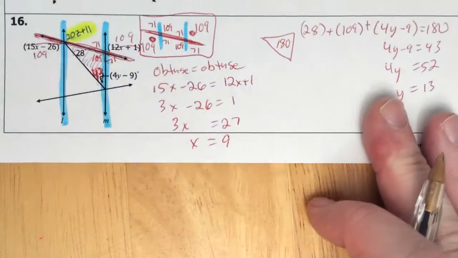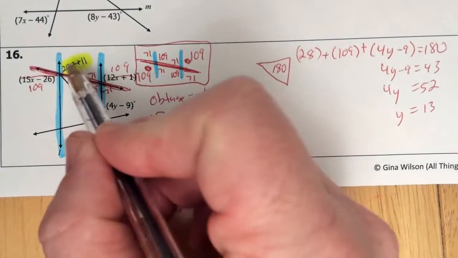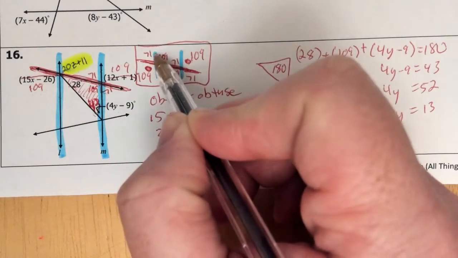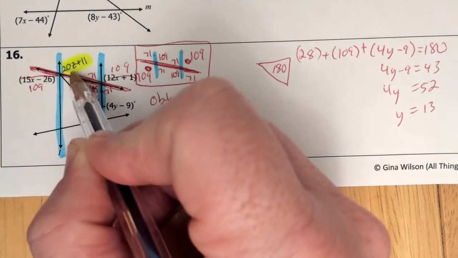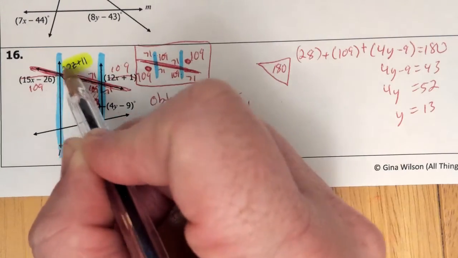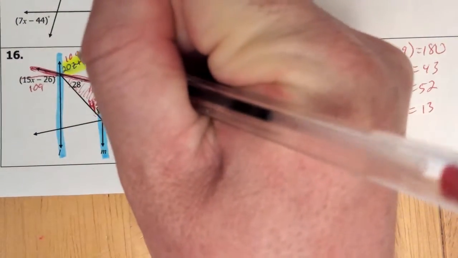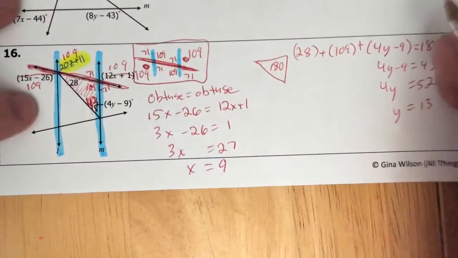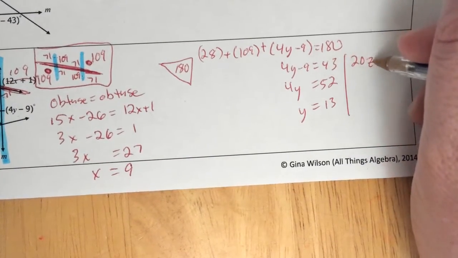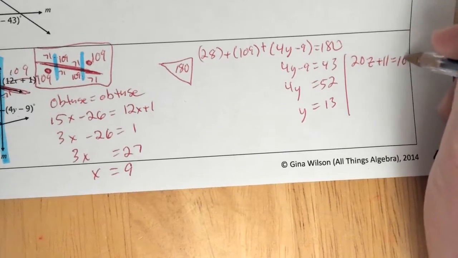Okay. And finally, this angle right here. This is a Z. And we actually know from blue to red, and it's obtuse, that is 109. So this angle right here is actually 109. So this angle is 20Z plus 11. It is also 109.